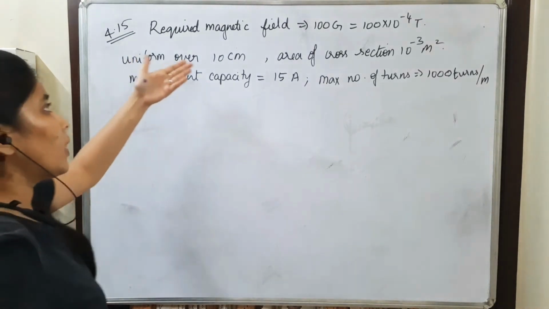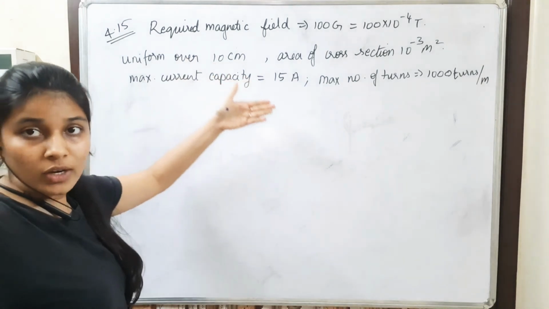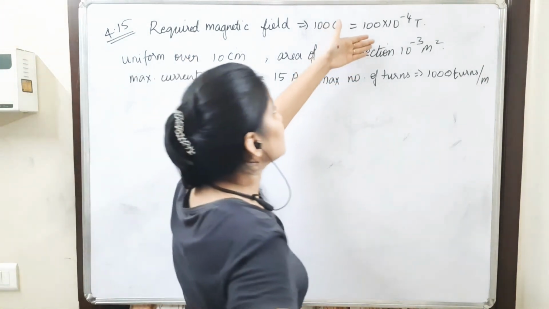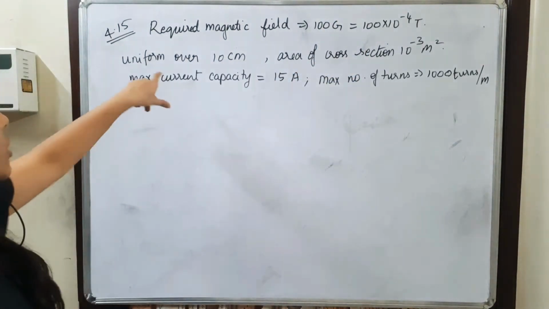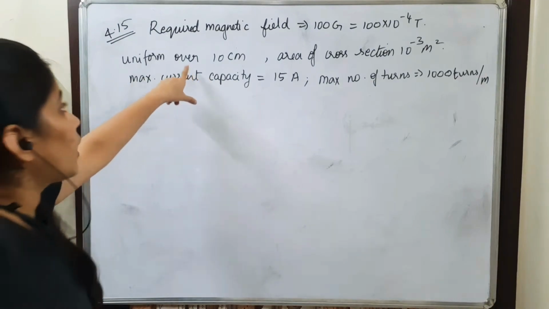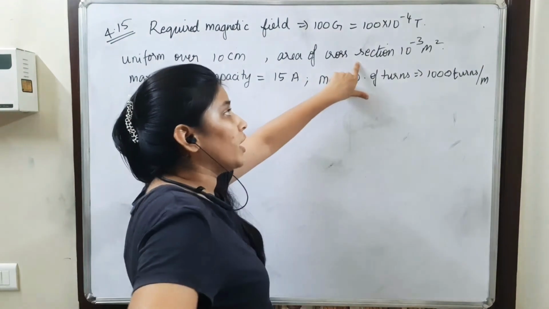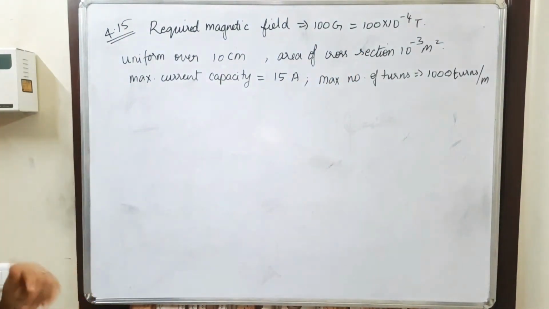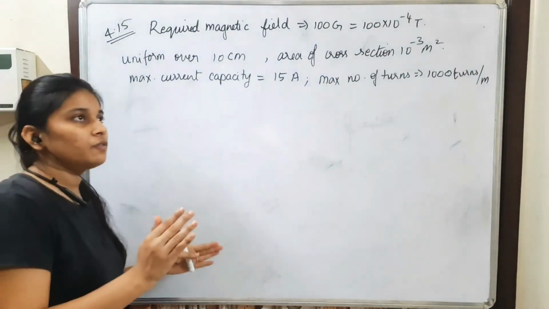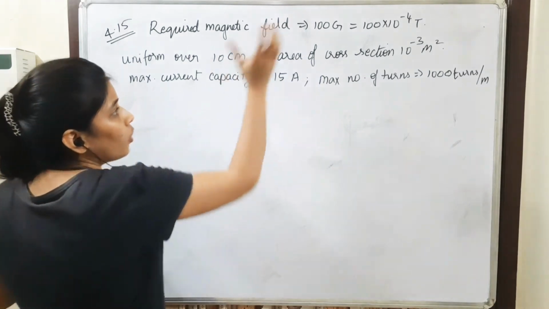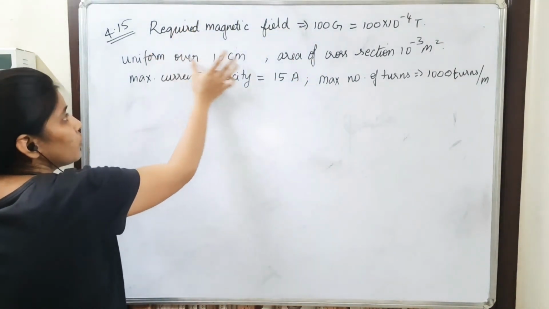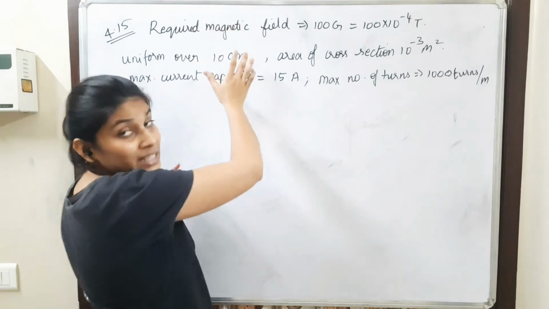The magnetic field that we require from the solenoid is given as 100 Gauss, and it should be uniform for at least 10 centimeters, with an area of cross section of 10 power minus 3 meter square. So you need a uniform magnetic field of this strength, uniform over at least this length.